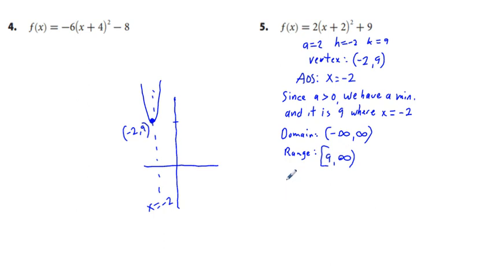And finally, f of x is decreasing on the interval from negative infinity to -2. And f of x is increasing on the interval from greater than -2 to less than infinity. So that is it.